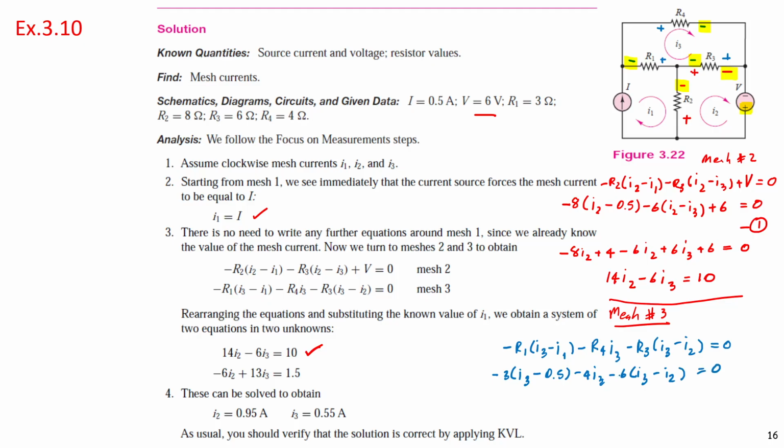Minus 6 I2, and I3 is minus 3, minus 4, minus 6, which is minus 13 I3 equals, this is minus 3 into 0.5, 1.5. It's the same equation now. We get the same equation.